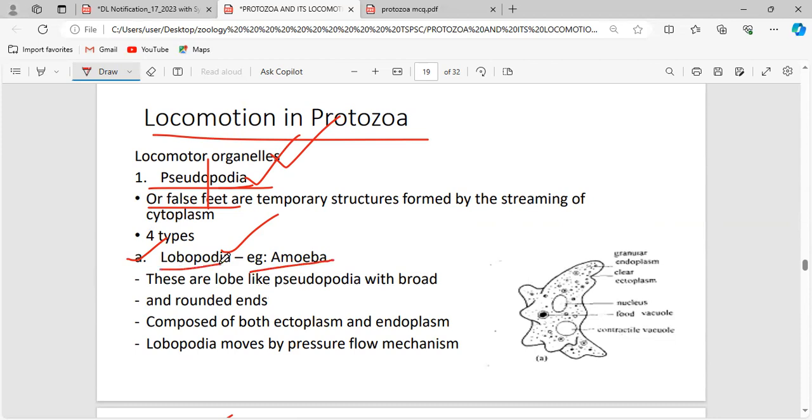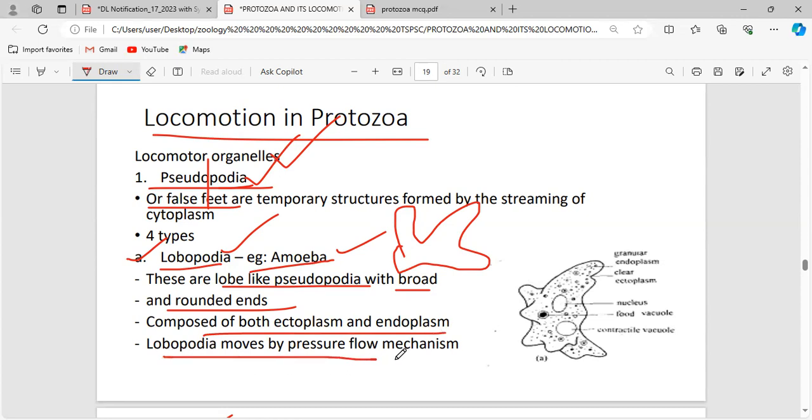Why is it called lobopodia? The pseudopodia present in this type of animal look like a lobe. That is why they are called lobopodia. Example is amoeba. They are lobe-like pseudopodia with broad and round ends, composed of both ectoplasm and endoplasm. Lobopodia move by the pressure flow mechanism.